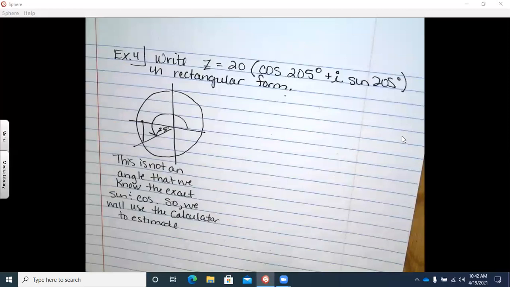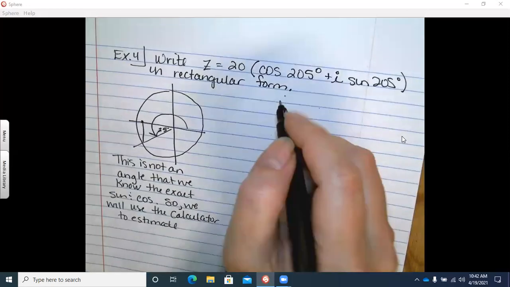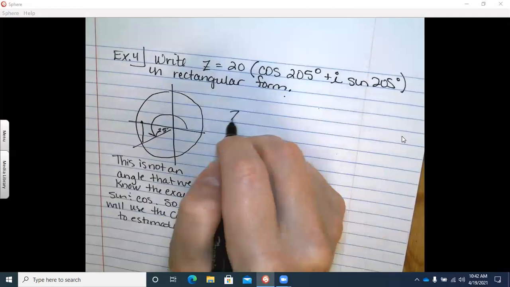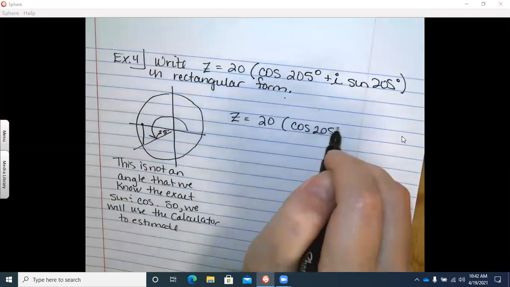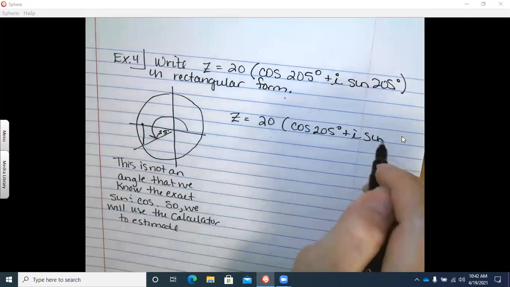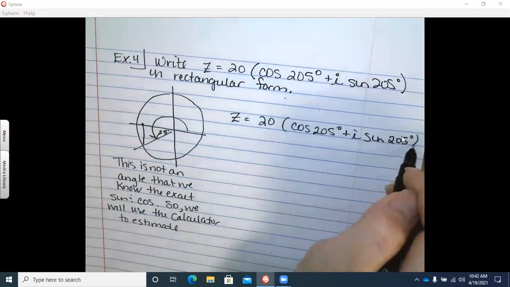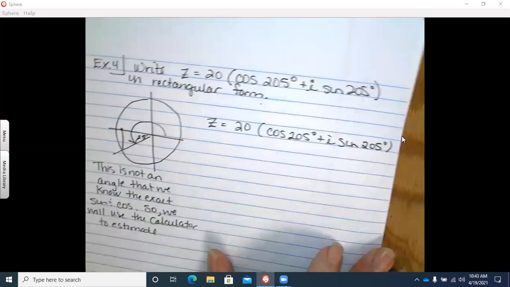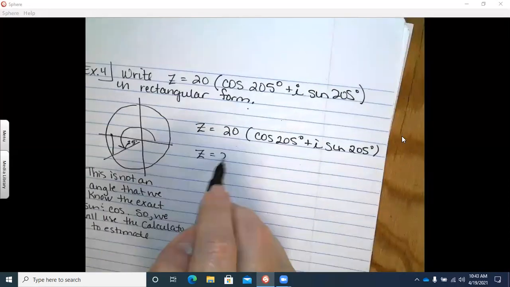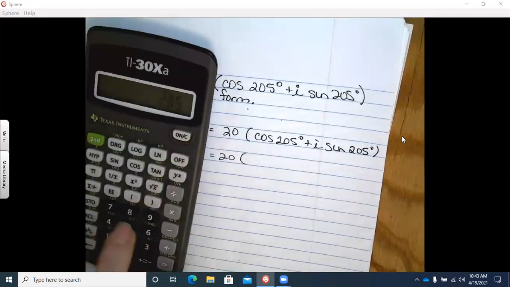All right, so we have z equals 20 times cosine 205 degrees plus i times the sine of 205 degrees. So z equals 20 times, calculator, cosine of 205, cosine is negative.